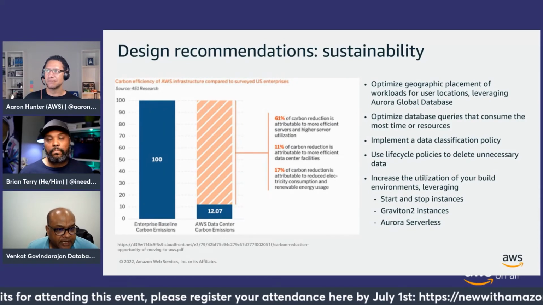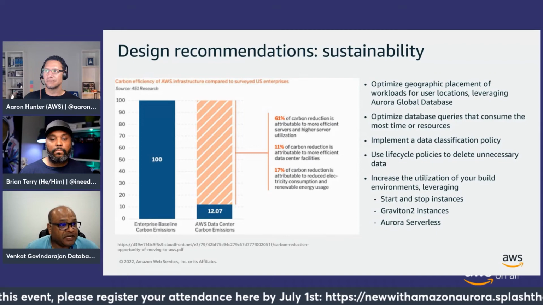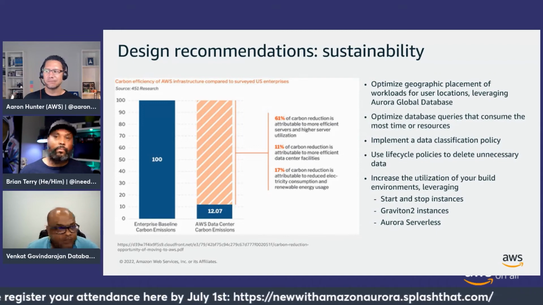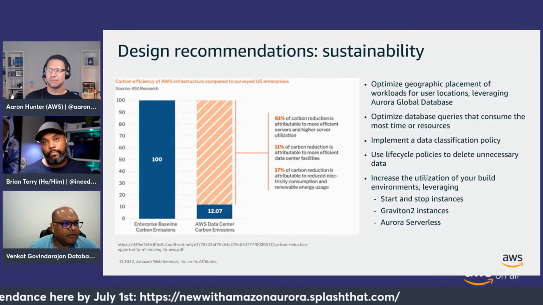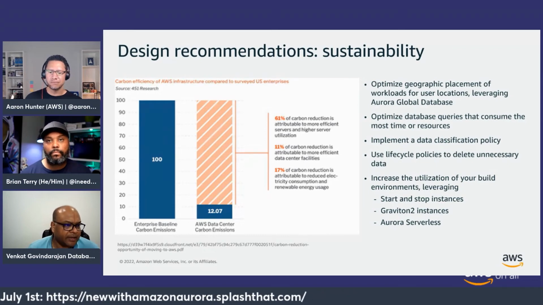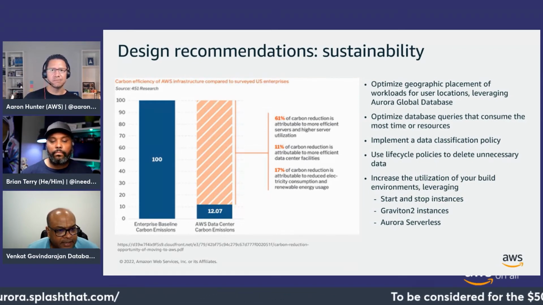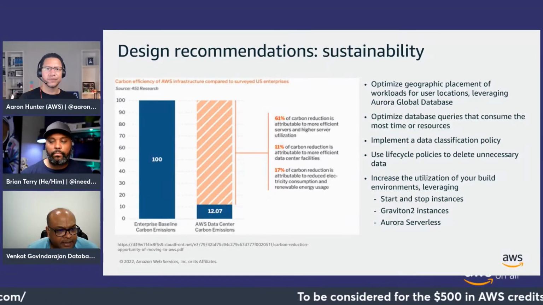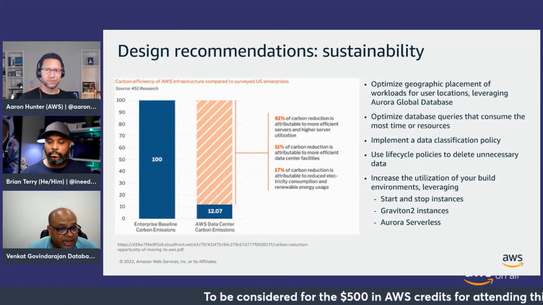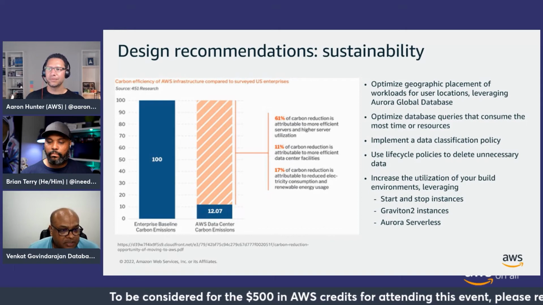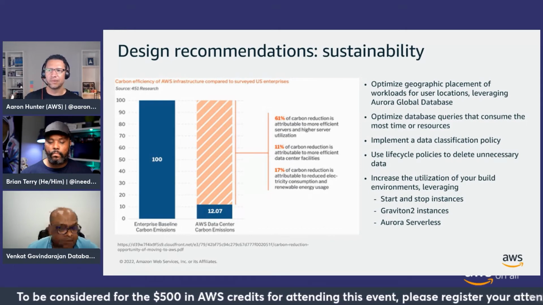In addition to that, we also have efficient data centers. A lot of times you hear us talk about generating your own power, using renewable energies. The last part is attributed to reduced electric consumption because of renewable energies.